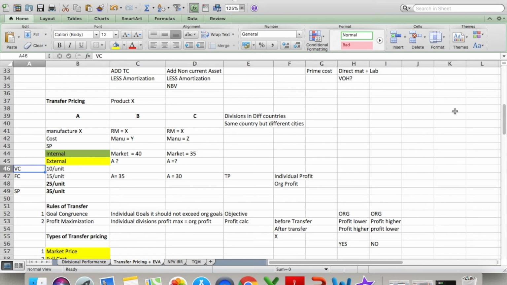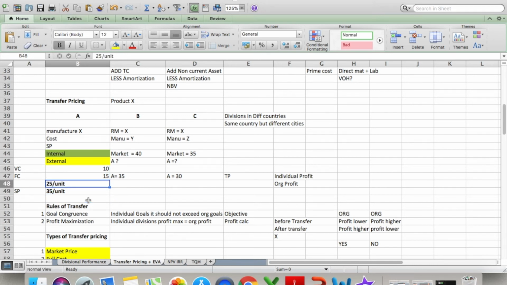It costs A a variable cost of 10 per unit, and fixed cost of producing X is 15 per unit. So let's say the total cost, I'm going to write 10 here, I'm going to write 15 here. So the total cost for manufacturing X by A is 25, as we can see in the sum, right here.